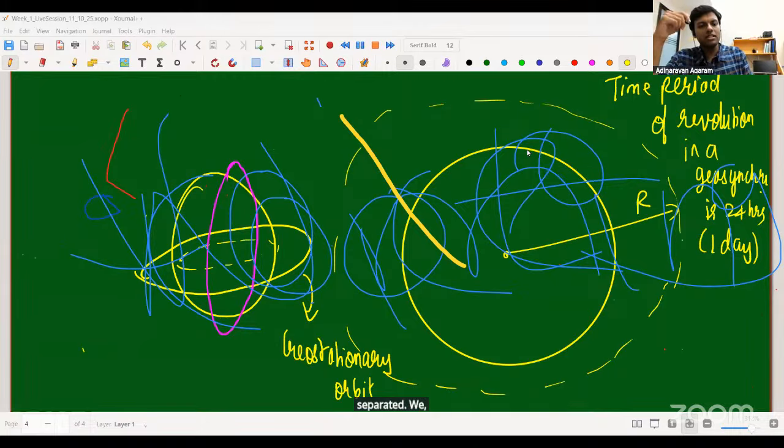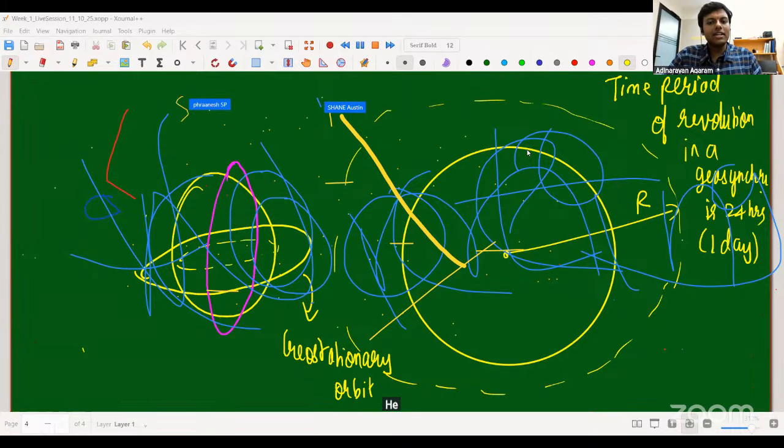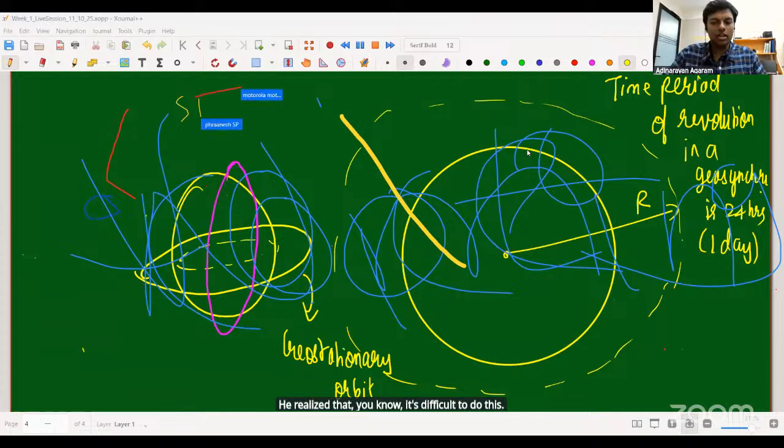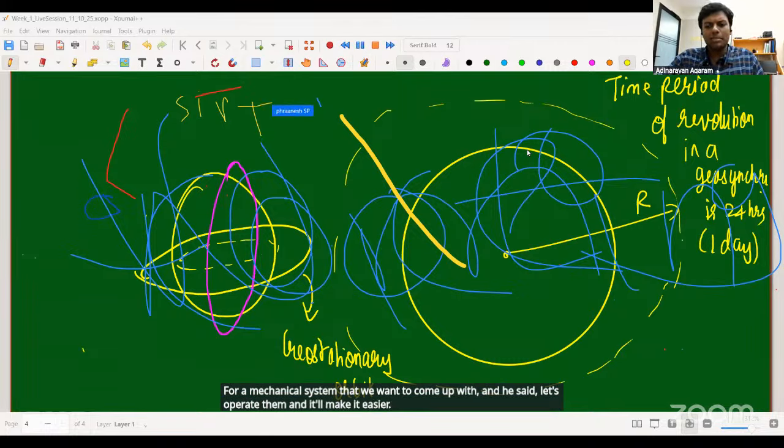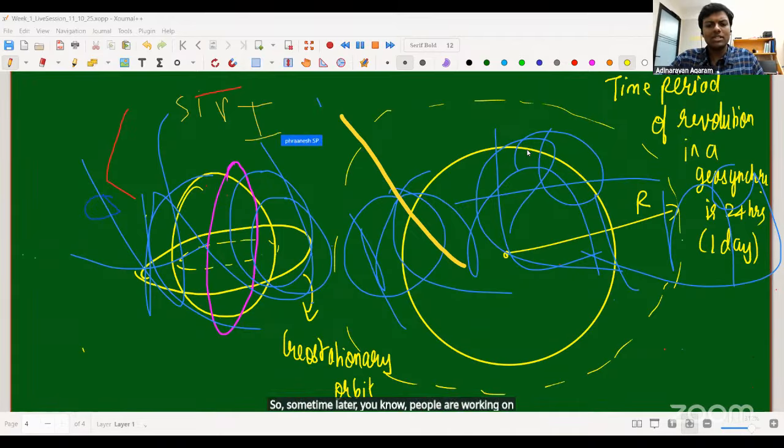For example, a bird does both together with the same system, the wing. He realized that it's difficult to do this for a mechanical system, so he said let's separate them and it will make it easier. Sometime later, people are working on flapping wings as well, which, if it goes well in future, we can have something that does both. I hope that answers the question.